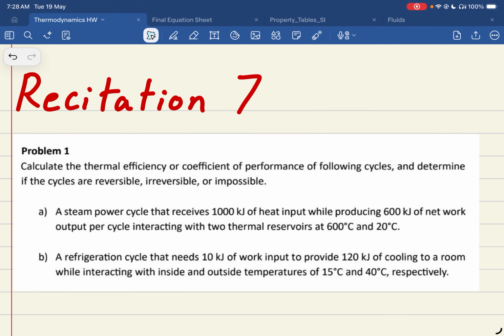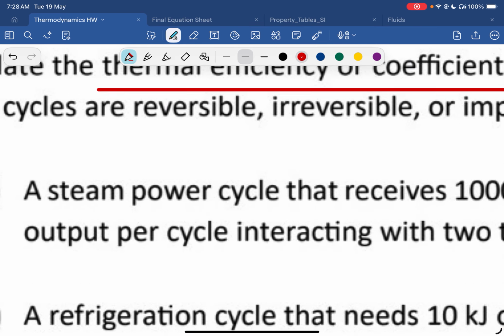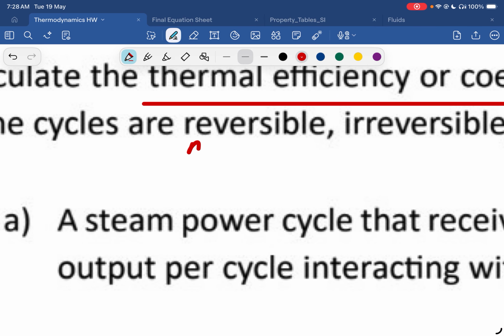All right. Here is question one of Recitation 7, and we are asked to calculate thermal efficiency and the coefficient of performance of the following cycles and determine if it's reversible, irreversible, or impossible. If it's reversible, the thermal efficiency equals the Carnot efficiency.